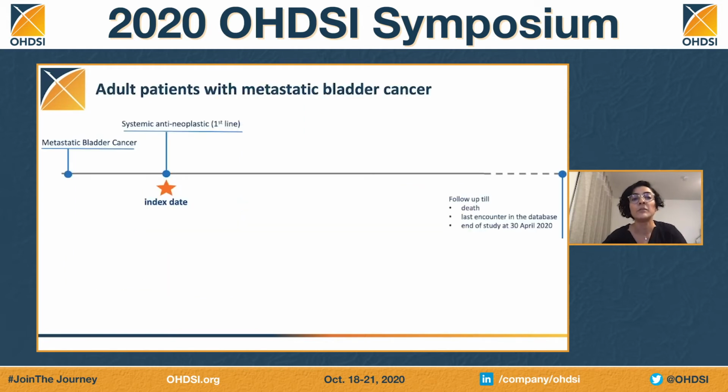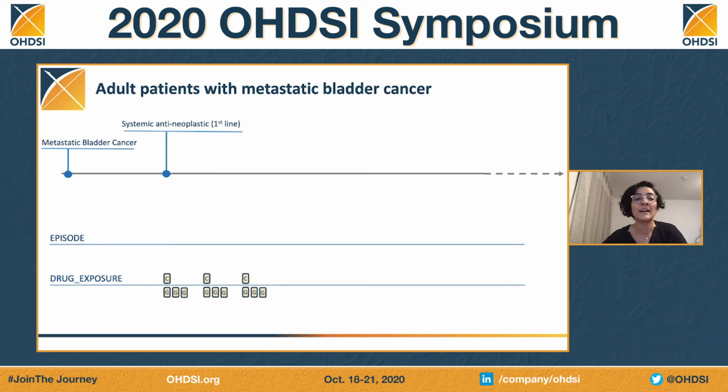To do this study, we took advantage of all the new vocabularies introduced by the oncology module to define metastatic bladder cancer more accurately and further identify those who have started systemic anti-neoplastic agents.